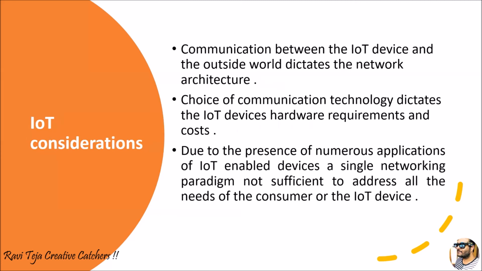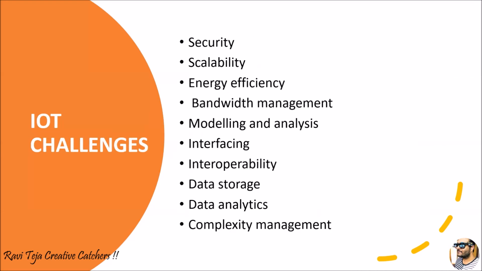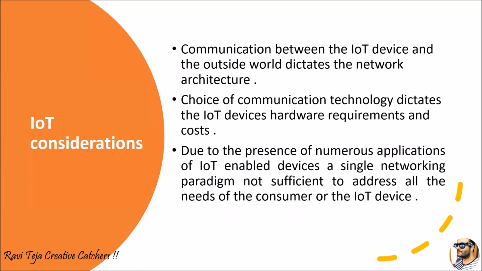Based on these IoT categories as well as IoT challenges, we need to consider a few IoT tasks, like the communication between the IoT device and the outside world, which gives you the network architecture: how actually the machines are working with respect to the internet connected to it.